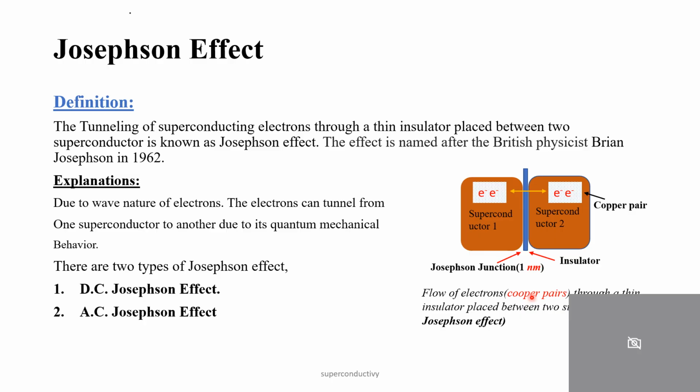That is called the Cooper pair. So this is a Cooper pair. This is a Cooper pair. This Cooper pair can tunnel from one superconductor to another superconductor if the Josephson junction is very thin, that means of the order of 1 nanometer.